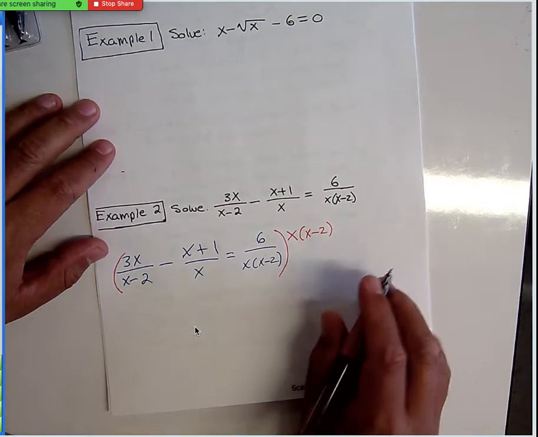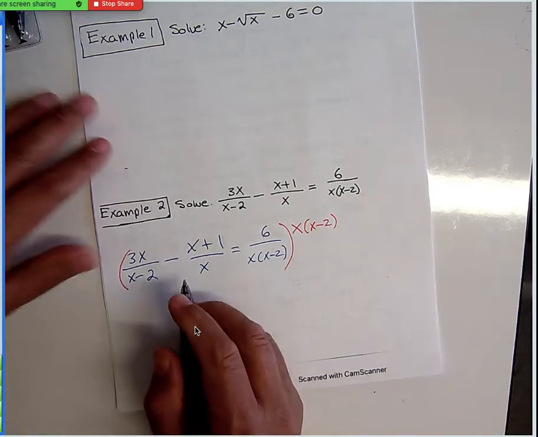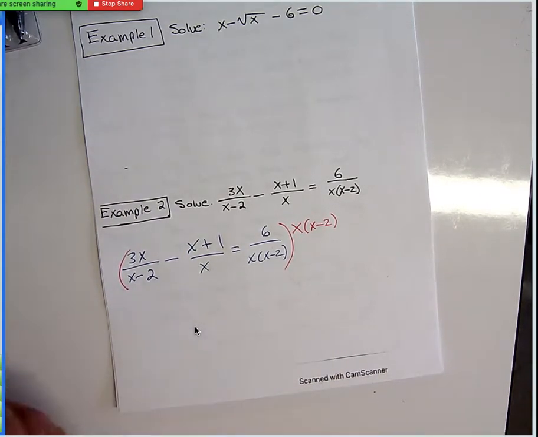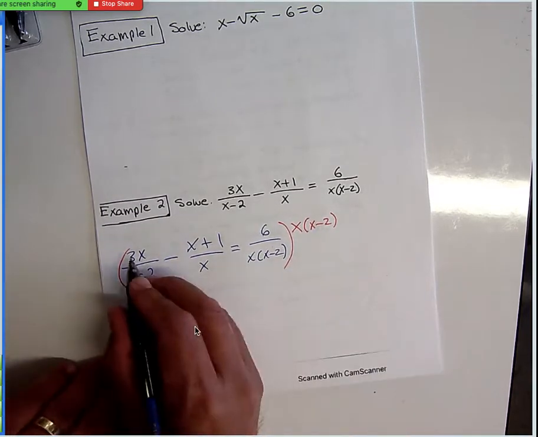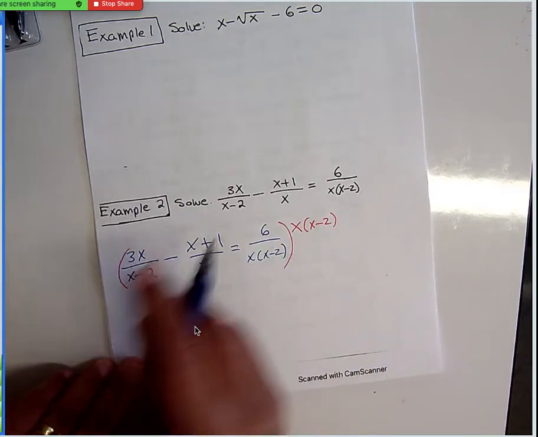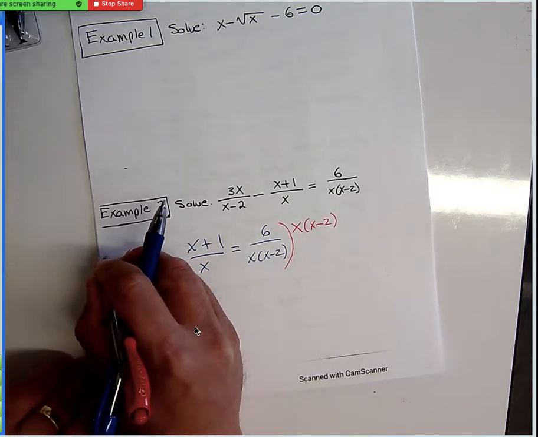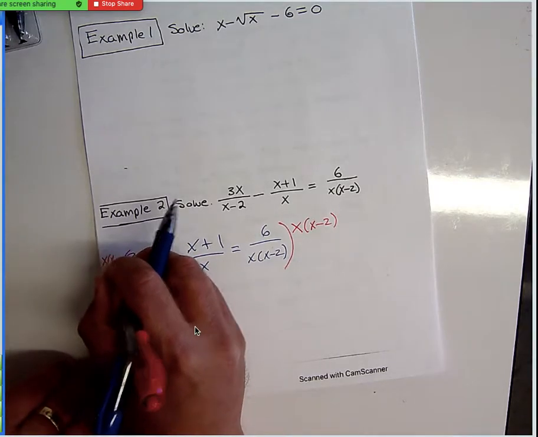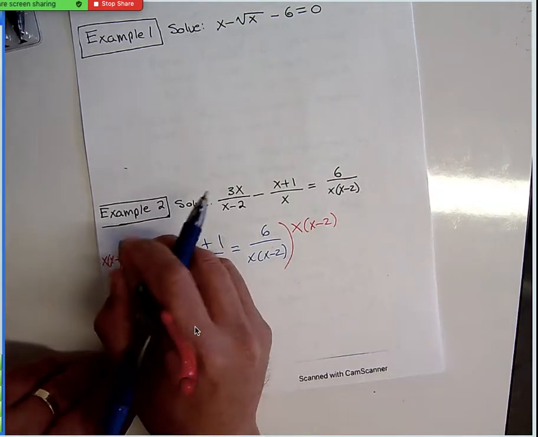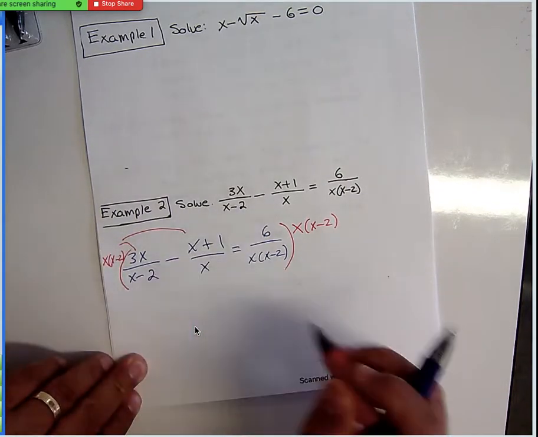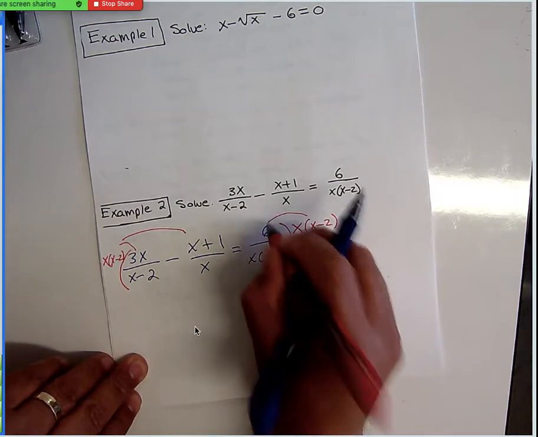Okay, so this is what's going to happen. Again, we're gonna multiply the whole equation. So we have x minus 2 on this side. So what are we doing? Distributing this to these two terms, and distributing this here.